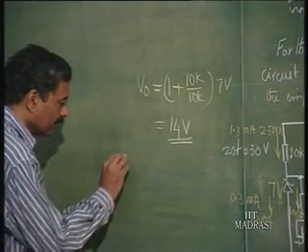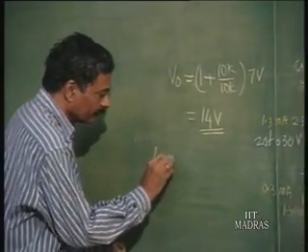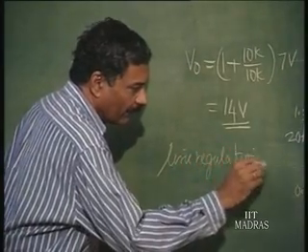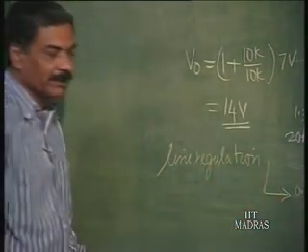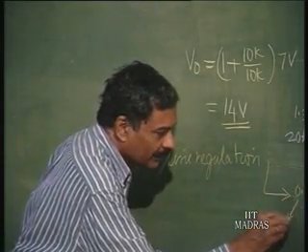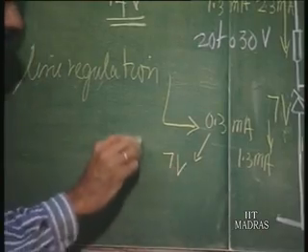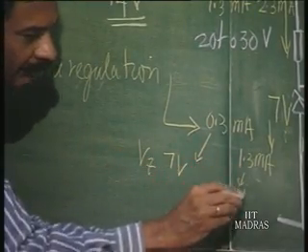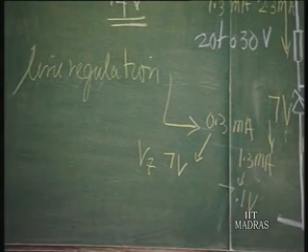So, line regulation can be found out from the information about Zener voltage change here. So, let us say at 0.3 it is 7 volts Zener, and at 1.3 it is 7.1 volt. Okay.